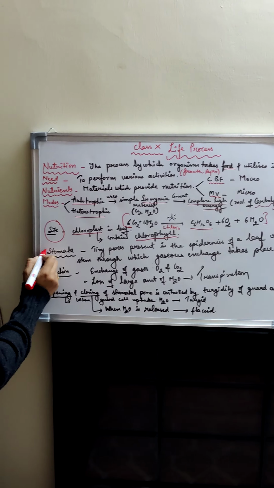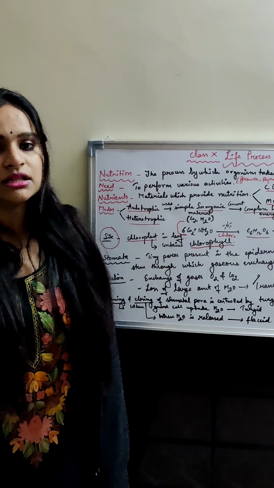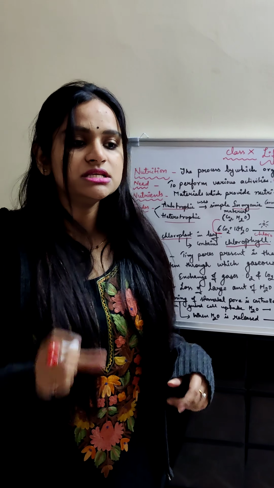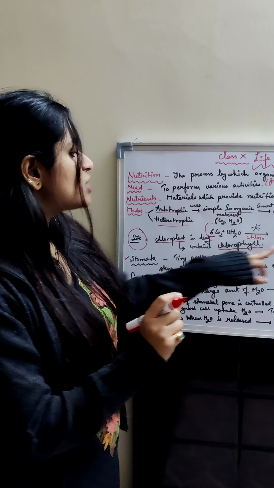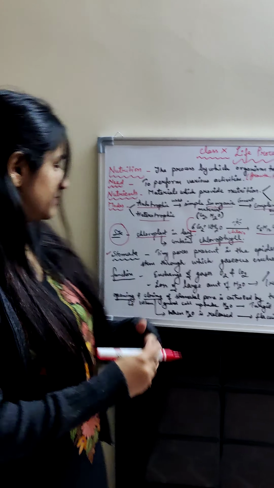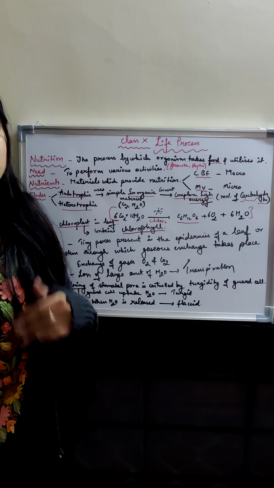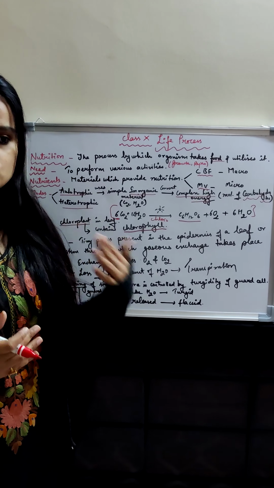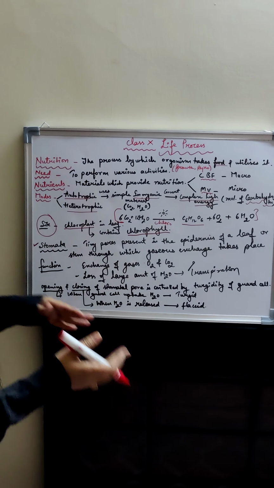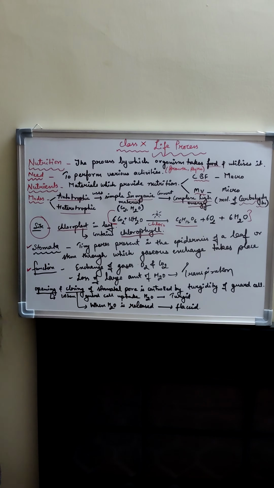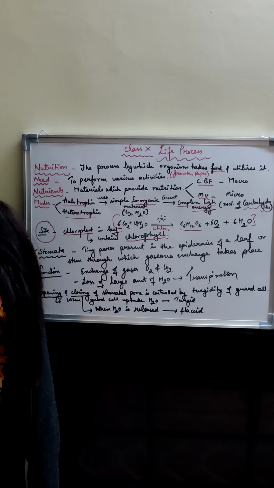Now, let's talk about stomata. When the question of stomata comes to your mind, then what are stomata? These are the tiny pores which are present in the epidermis of a leaf or stem through which gaseous exchange takes place. Gaseous exchange means exchange of oxygen and carbon dioxide. Now you need to study about the functions of stomata because this is given in your NCERT notebook.